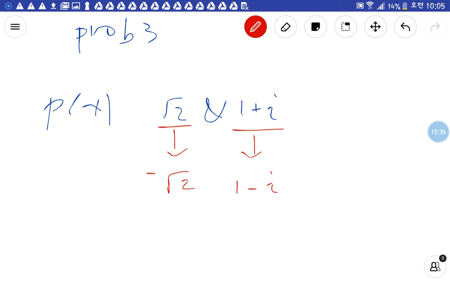That happens because of the conjugate root theorem. Since p of x has rational coefficients and radical 2 is a root of p of x, it follows from the conjugate root theorem that negative radical 2 is also a root. Since p of x has real coefficients and 1 plus i is a root of p of x, 1 minus i would be another root for this question.